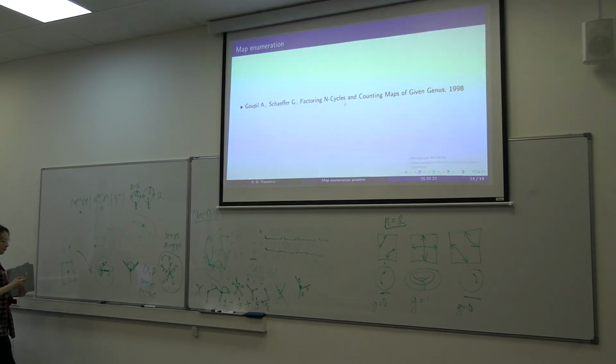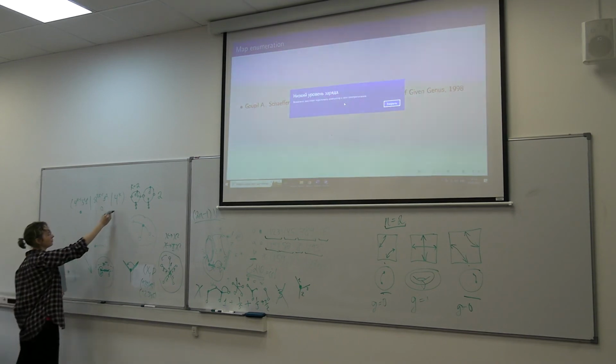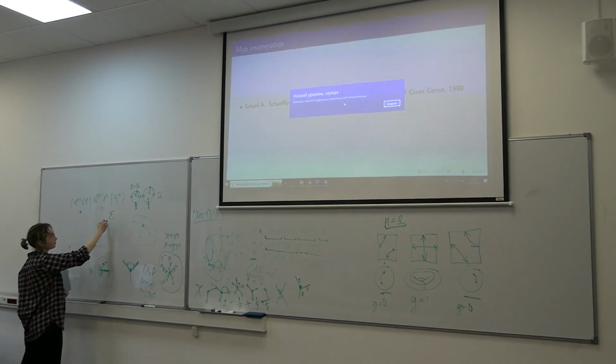And I try to enumerate them, and the hypothesis is that this quantity is given by this beautiful formula.